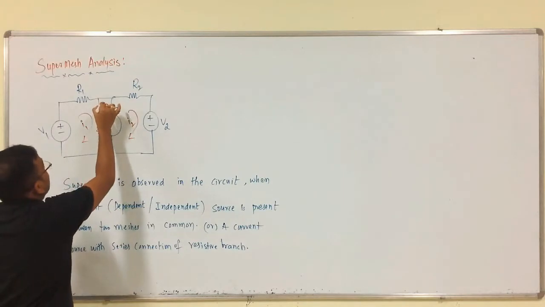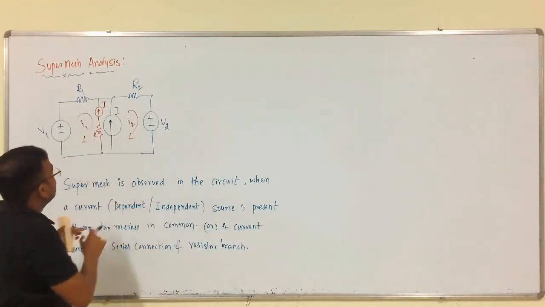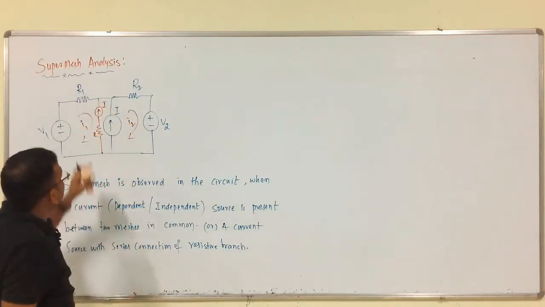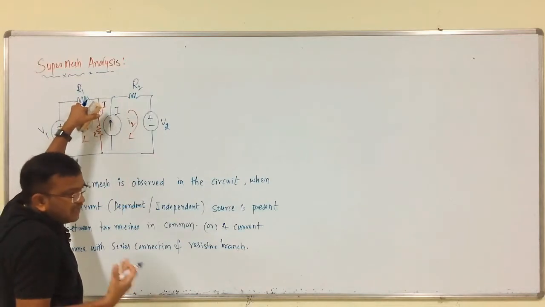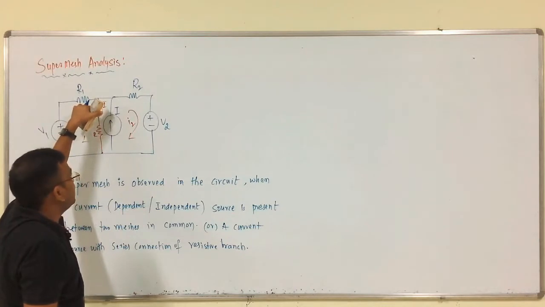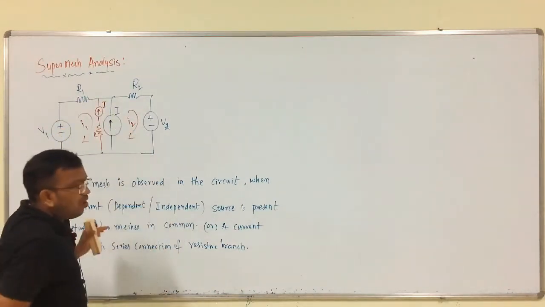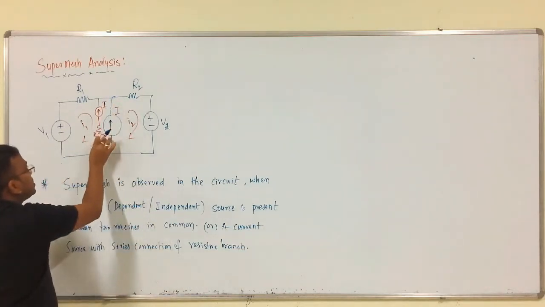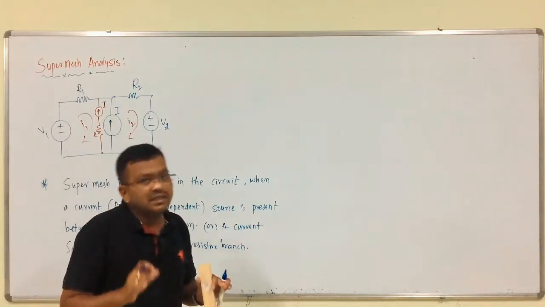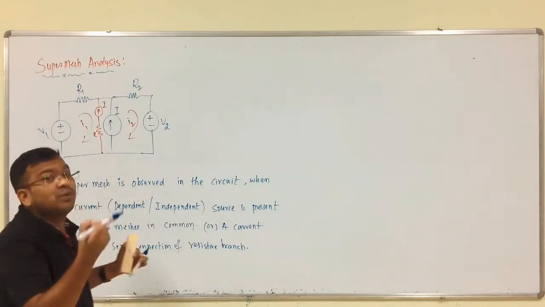Means the same amount of current flows through this branch. Whatever the current through this branch, the same amount of current flows through this current source, right. In series connections, the amount of current is the same in every element. So, if we have a current source alone between two meshes, or a combination of current source and resistive elements between two meshes, then only is a super mesh observed. Okay.